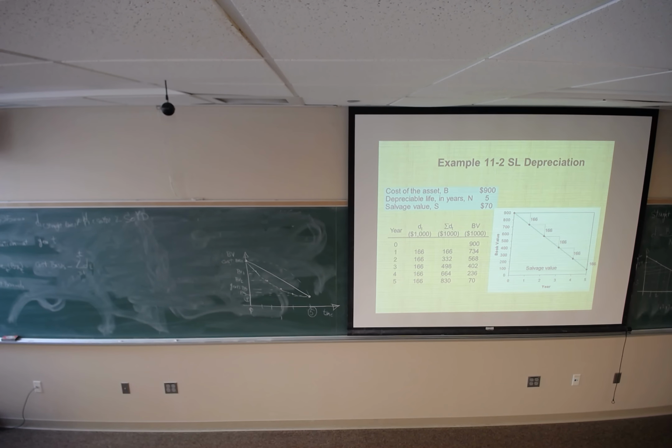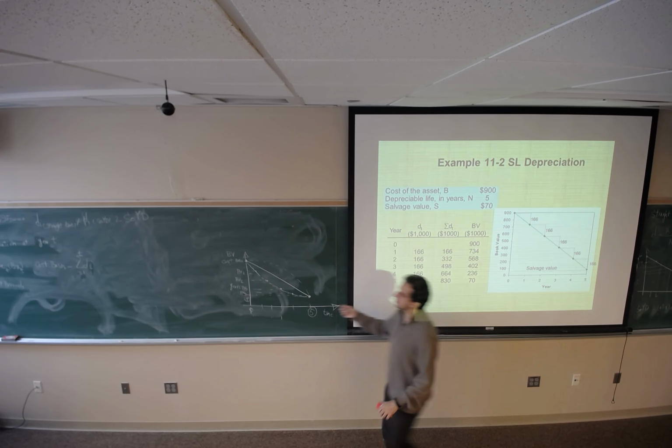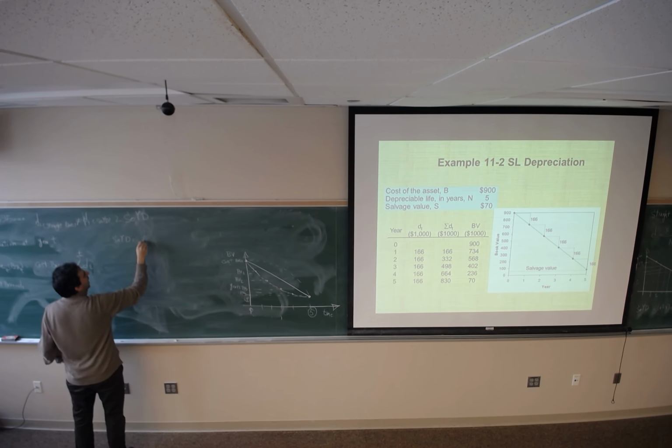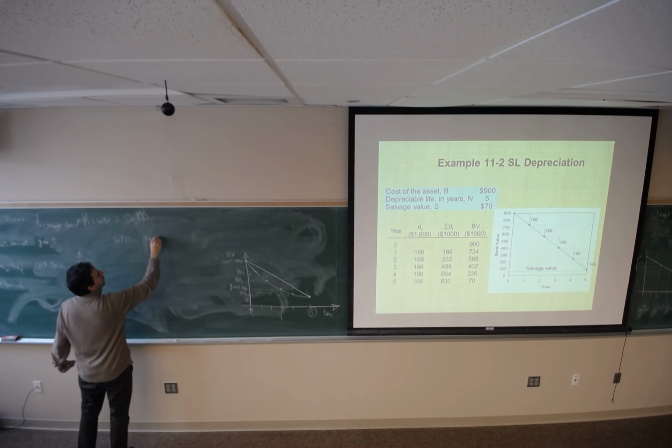If n is 7, find 1 plus 2 up to 7. We call it the sum of the years digit. It is also n multiplied by n plus 1, dividing by 2.